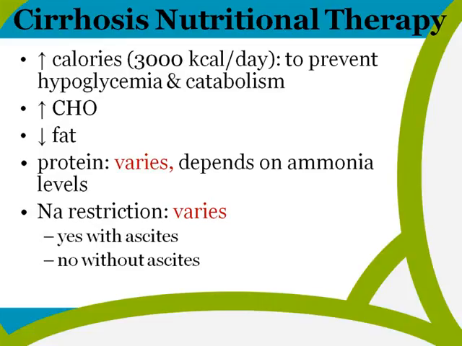Do they have ascites? Because if they do, well, then we don't want the patient eating salt. If the patient does not have ascites, well, then we might allow a low salt diet for those patients. So with cirrhosis patients, we really have to look at things like their serum ammonia levels, and also, do they have edema or do they not?